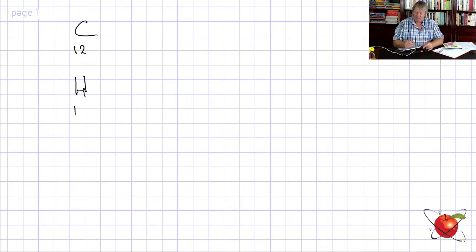So underneath here, we have got a number. This is called the atomic mass.